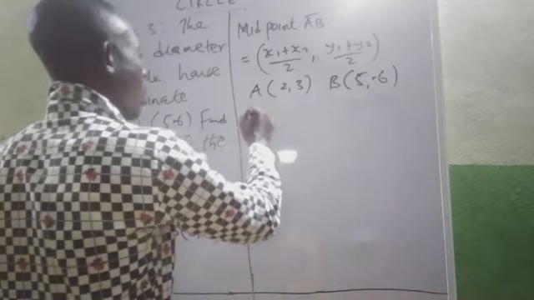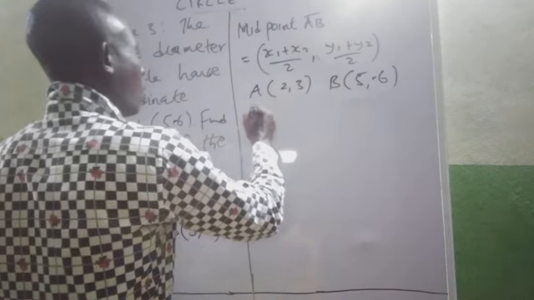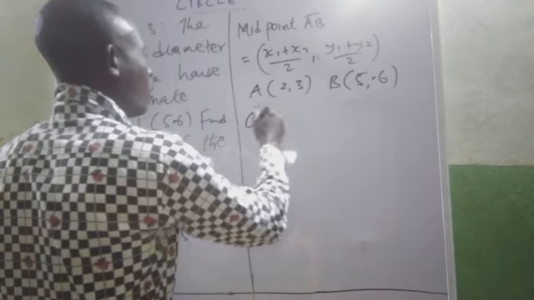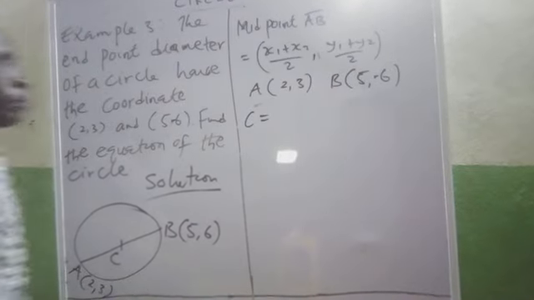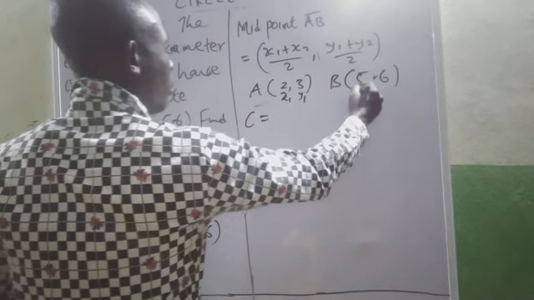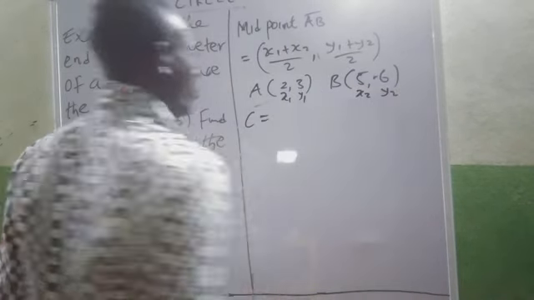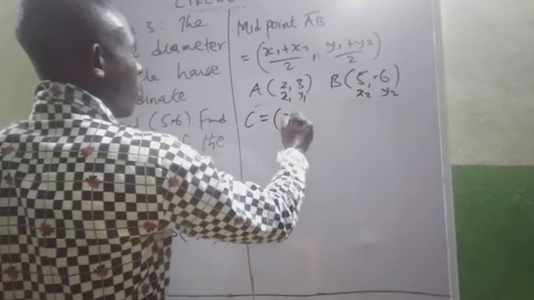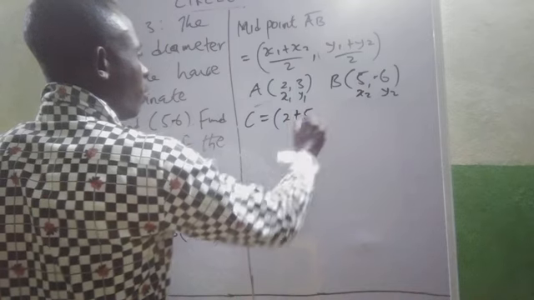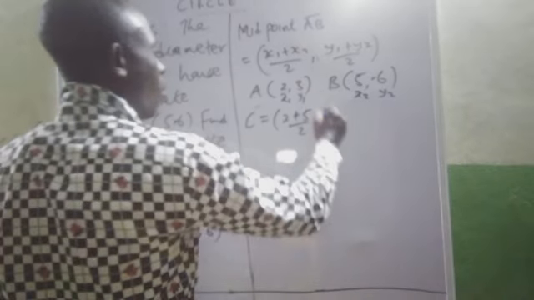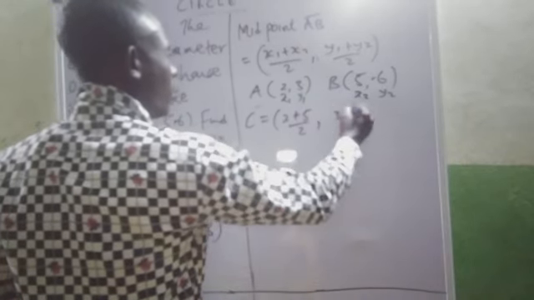So our midpoint, the center C, will be equal to, let this be my s1, y1, and s2, y2. So that will be (2 plus 5) over 2, comma, y1 is 3, (3 minus 6) over 2.